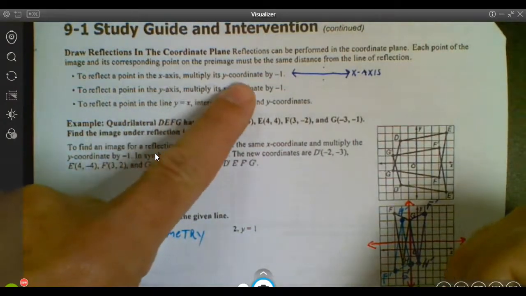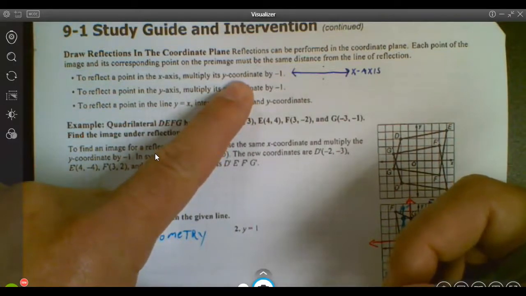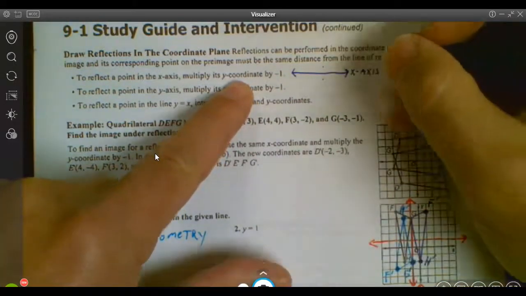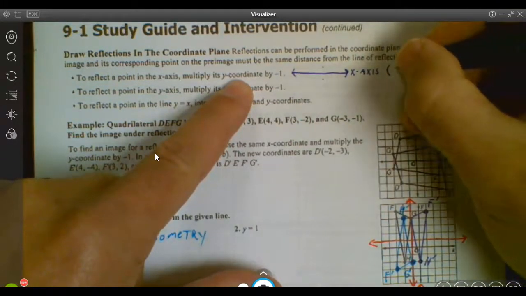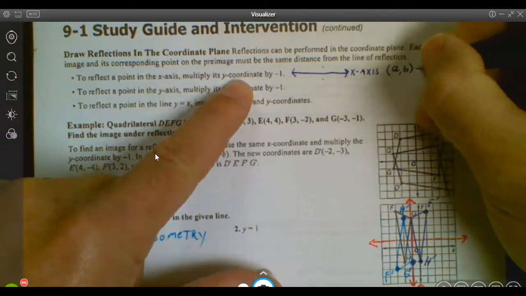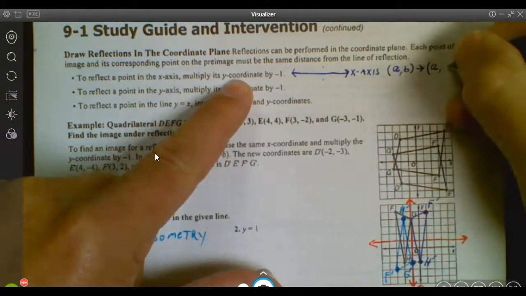Then the new point is simply going to be the y-coordinate times -1. In other words, and don't worry, we're going to do one like this together, my original values, we're going to call them A and B, are going to become A, -B.